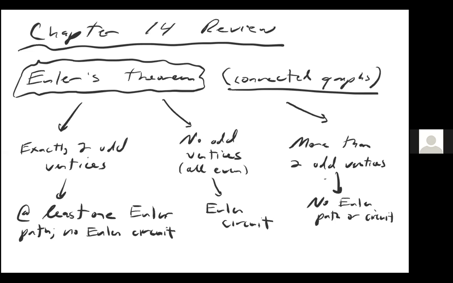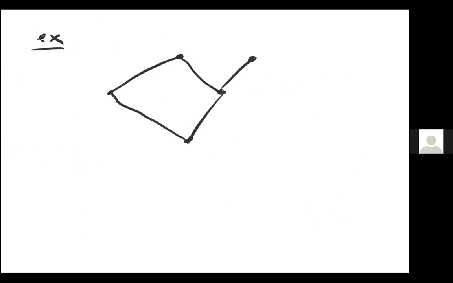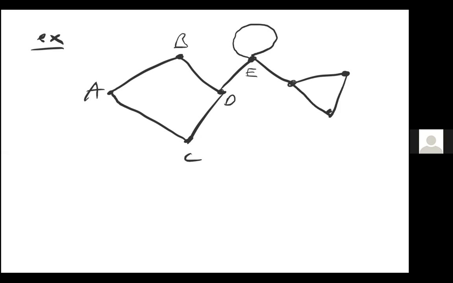All right, so let's do an example here. I'm going to make up a random graph. So this is my graph, A, B, C, D, E, F, G, H. I want you guys to figure out, using Euler's theorem, does this have an Euler path, an Euler circuit, or neither?